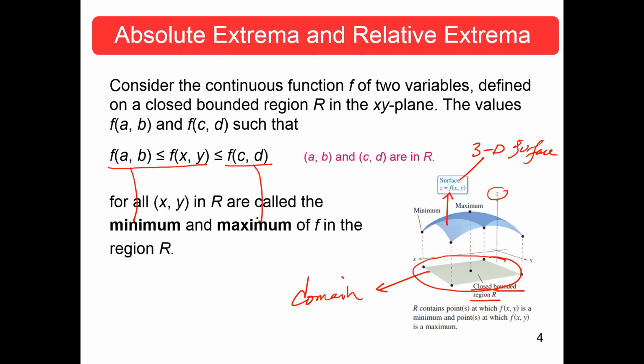So this will be the max. Again, this is referring to the function values, so the z values. It's the highest z value, and this is the lowest z value, right? And this is pretty straightforward when you look at the maximum over the entire domain. So this is also called the global or the absolute max, absolute min.